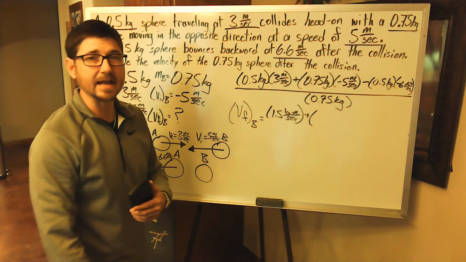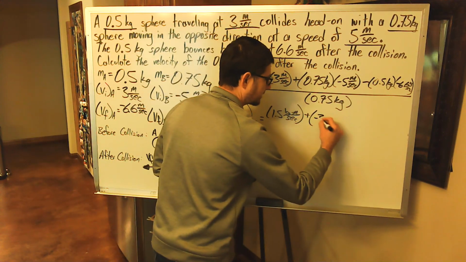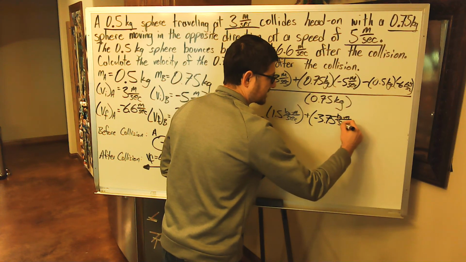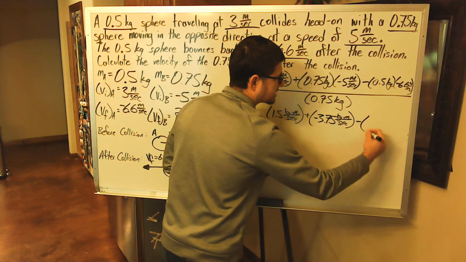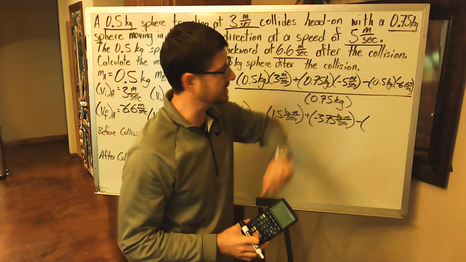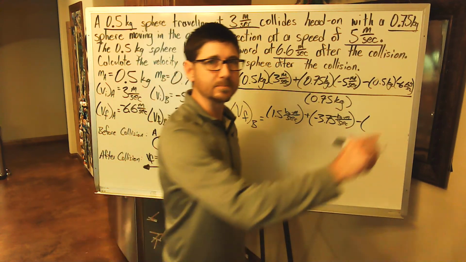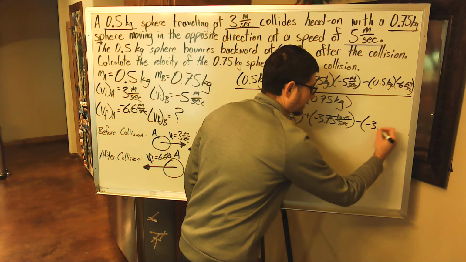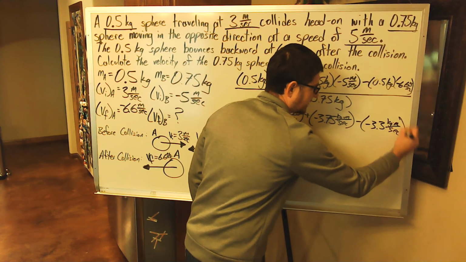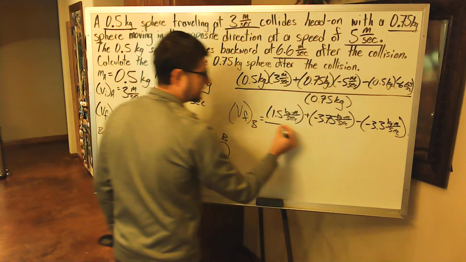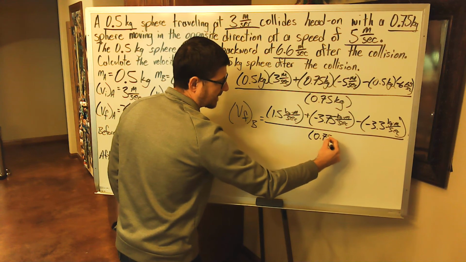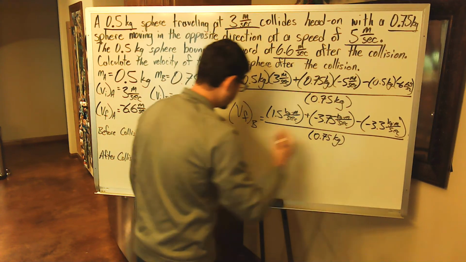This is going to give me negative 3.75, and our units are kilogram meters per second. Minus, we have 0.5 times negative 6.6. This is going to give us negative 3.3 kilogram meters per second, and we are dividing by the mass of sphere B, 0.75 kilograms.